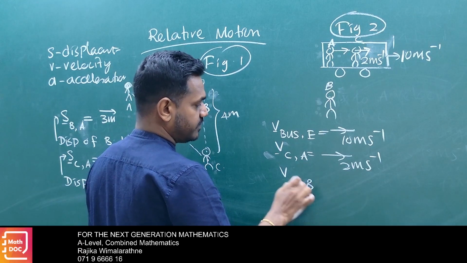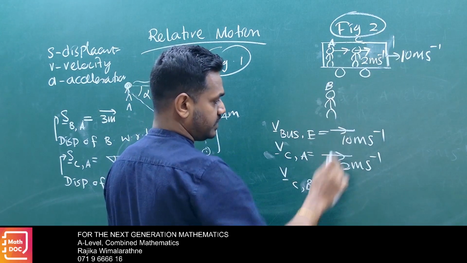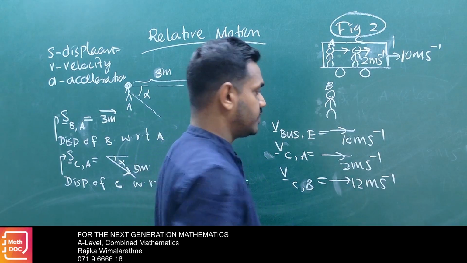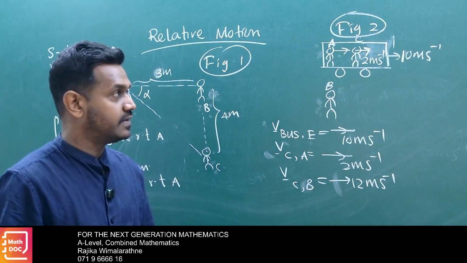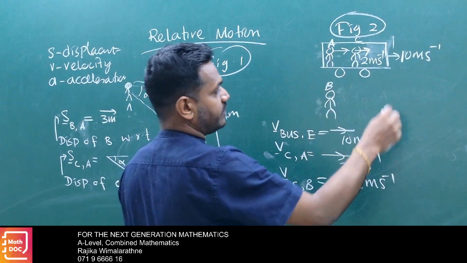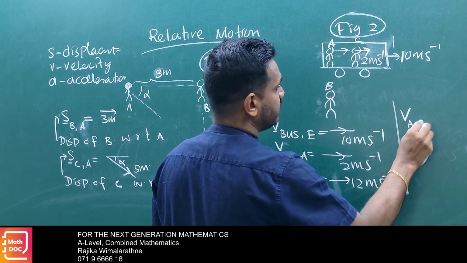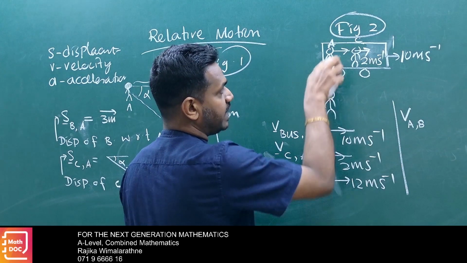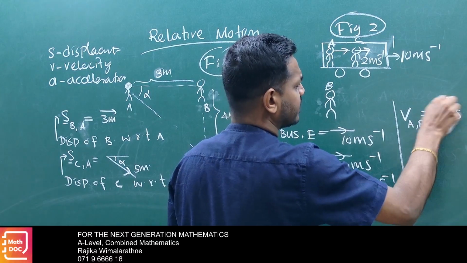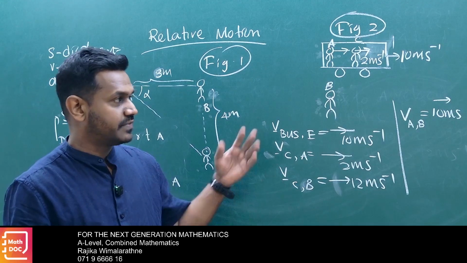Velocity of C with respect to B, to him 2 plus 10, 12 meters per second. Likewise, when B observes A, velocity of A with respect to B is 10 meters per second. Those are simple notations.